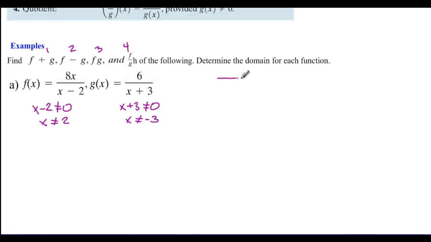So on a number line, when we've got that negative 3 and that 2, the f of x, which I'll do in green, is saying everything except for the number 2. And then the g of x is saying everything except for negative 3. So I'm going to do that in blue. So everything except negative 3.